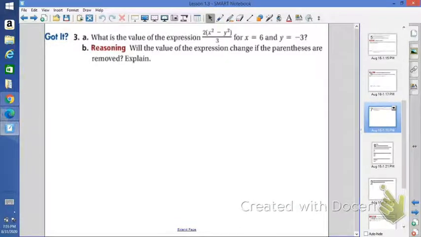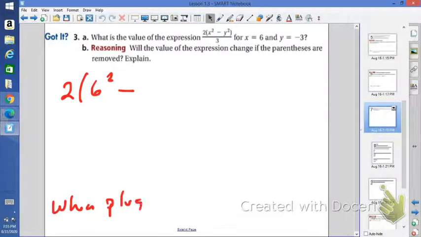Okay, in the got it problem for example 3, what is the value of the expression for x equals 6 and y equals -3? All right, so let's plug in 6 and -3 for x and y. So we have 2 times, so x is equal to 6, so we have 6 squared, minus, now, very important, when you are plugging in a negative, always put it in parentheses.